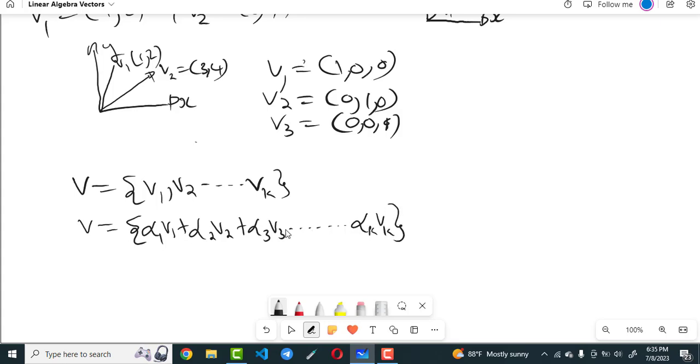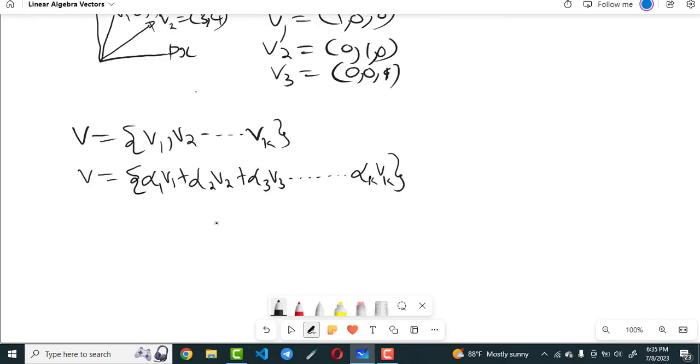This is how we can check the linear combination so that we can obtain the scalar values. So these lambda 1, lambda 2, lambda 3, up to lambda k represent the scalars. These are scalars.